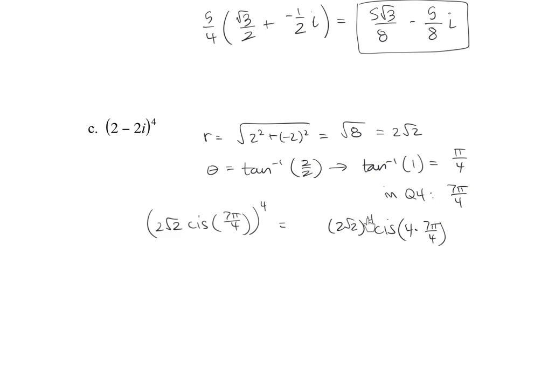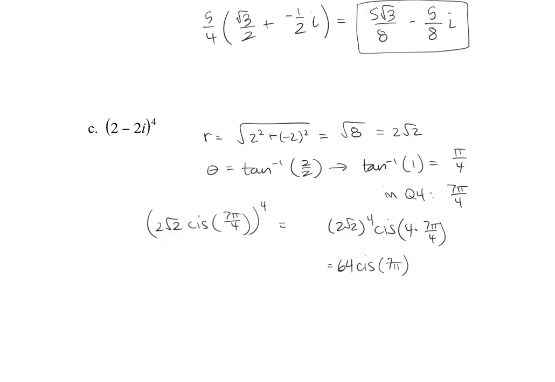So 2 root 2 to the 4th power: 2 to the 4th power is 16, and the square root of 2 to the 4th power is 4. So 16 times 4 is 64, times cosine plus i sine of 7 pi.